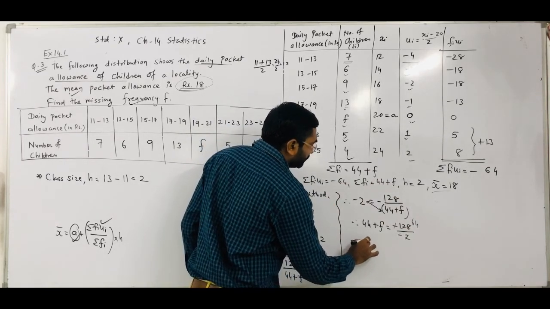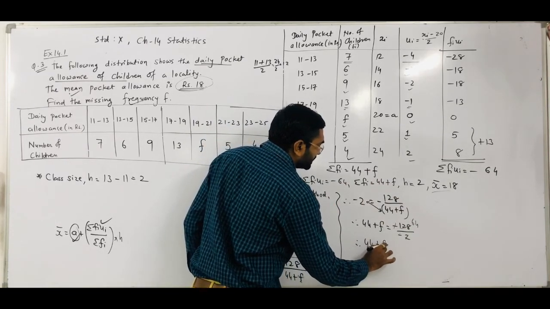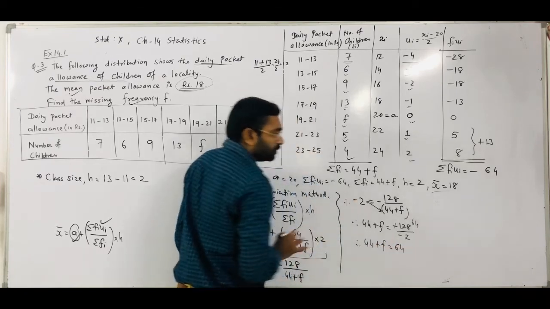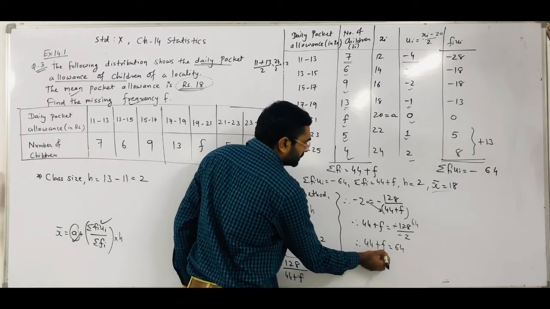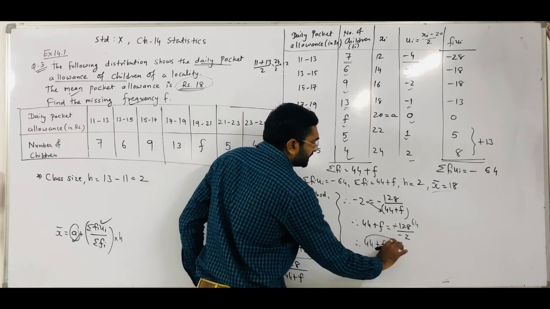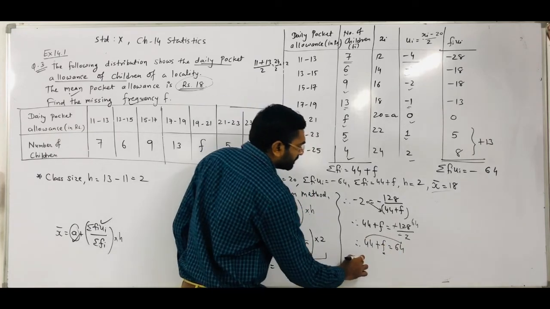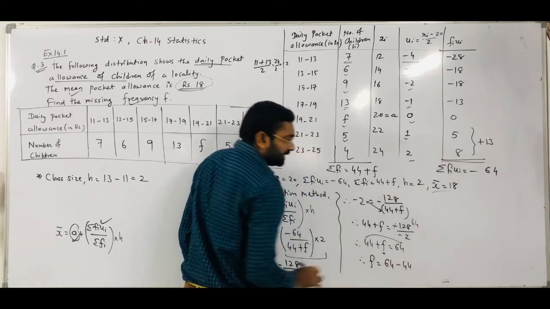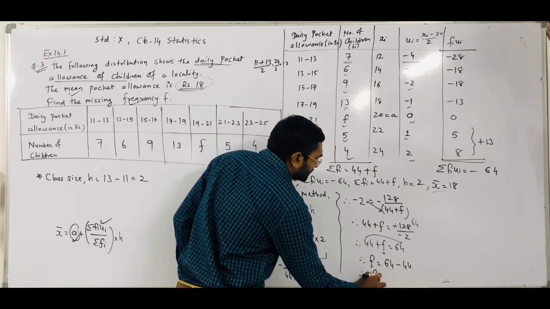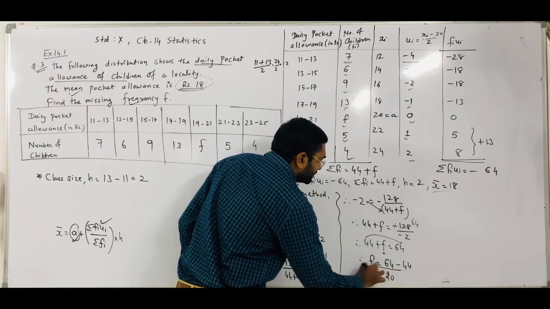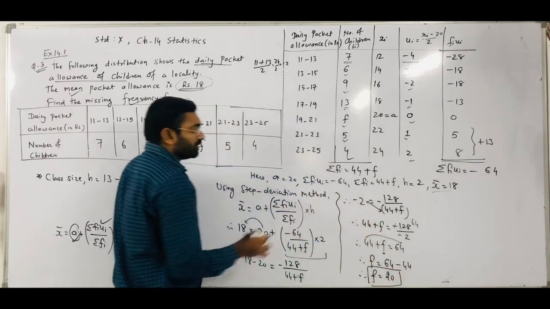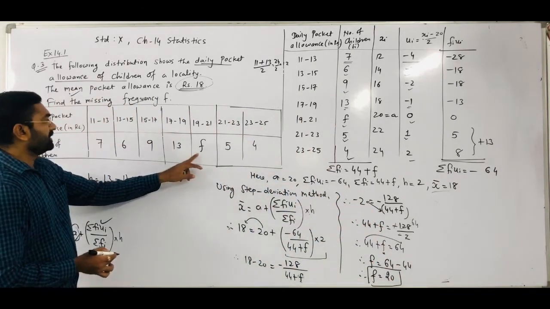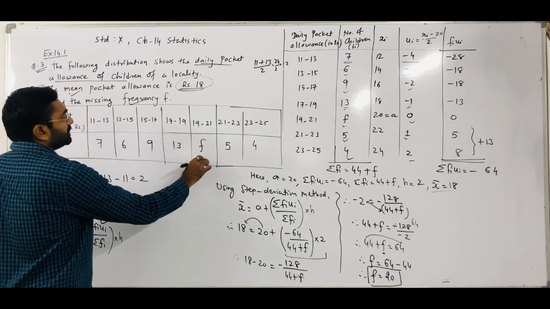So we get 44 plus f is equal to 64. We have to find out the f value. So the numerical value we take to the right hand side, so its sign becomes minus. So f is equal to 64 minus 44. So we get the f value as 20. Right? So missing frequency of the given observation is 20. Right? Then the f value here is 20.